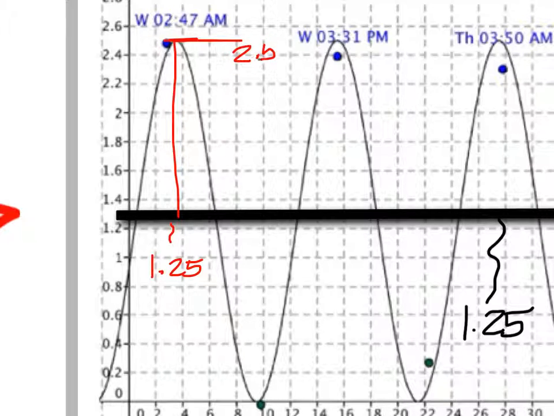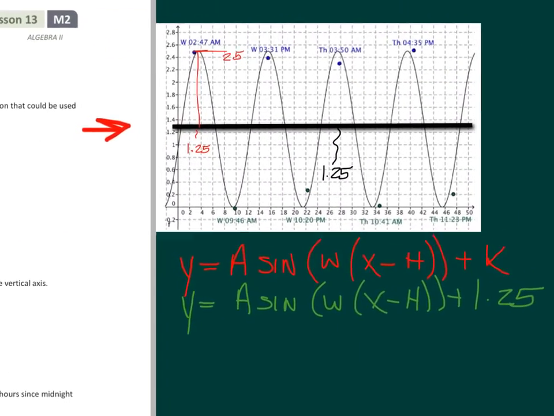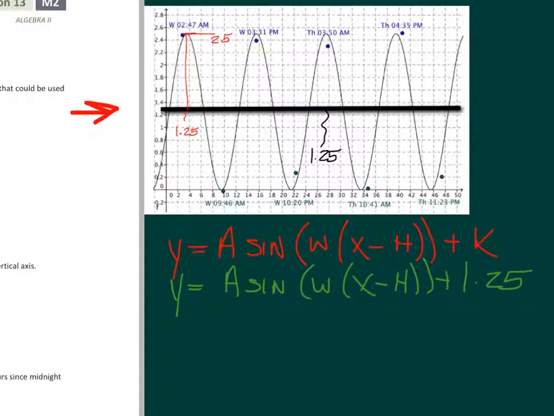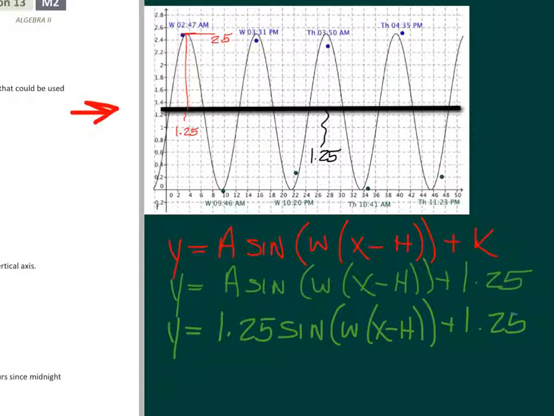We'll say 2.5. So what's the difference between 2.5 and 1.25? 1.25. Okay, so where can I put that 1.25? A. Alright, so let's add to it. 1.25 sine, and we got to keep this the same for now. 1.25. Alright.